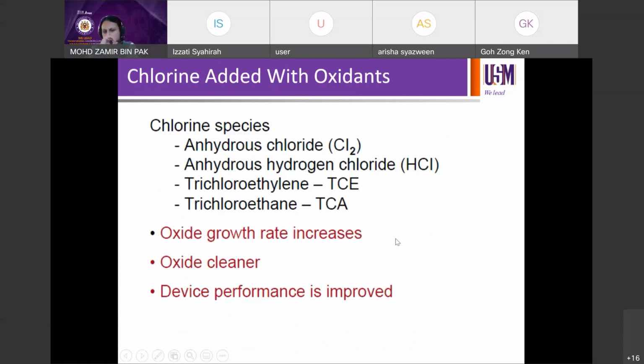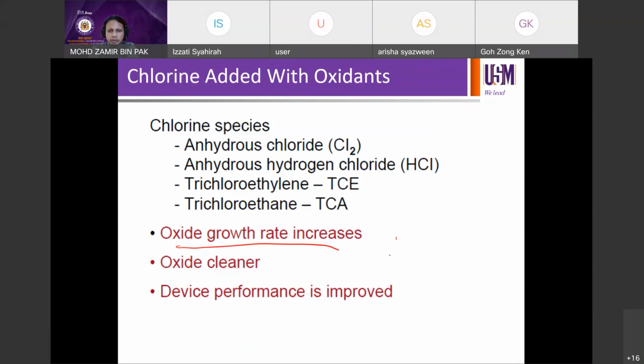Right, another factor is if you add chlorine to the oxidants, right? Chlorine can be in the form of anhydrous chloride, Cl2, anhydrous HCl, can be TCE, can be TCA, right? So the point is to increase the oxide growth rate.